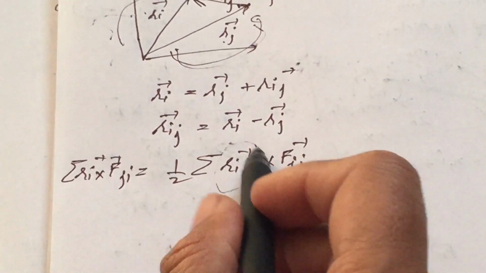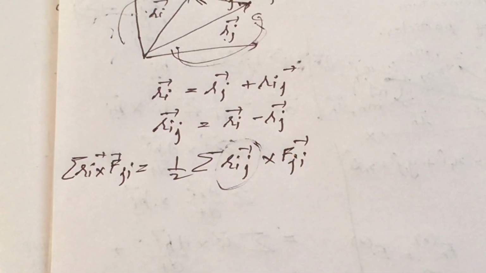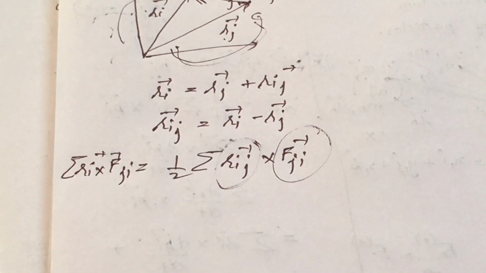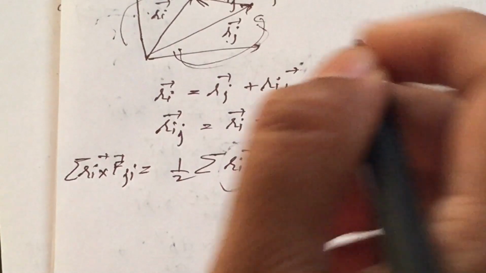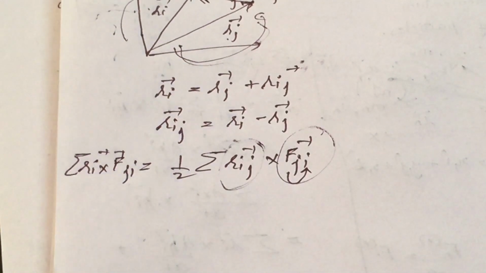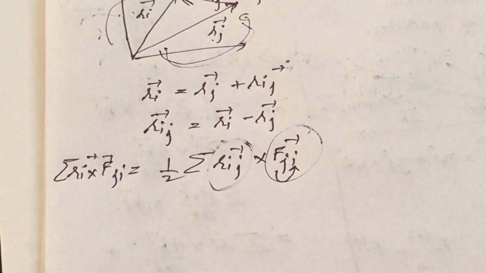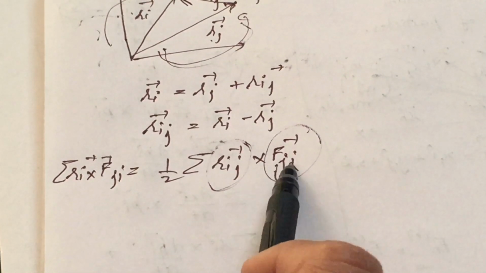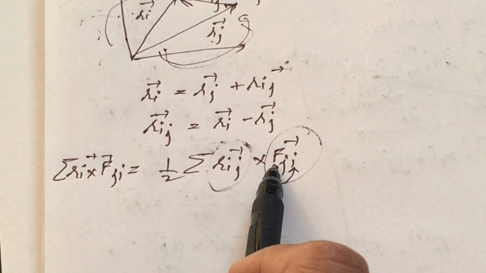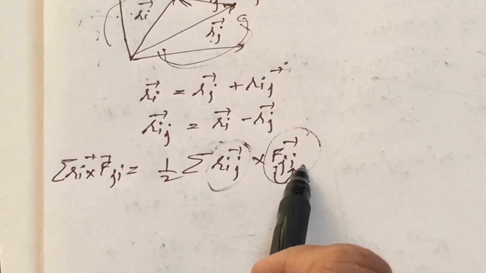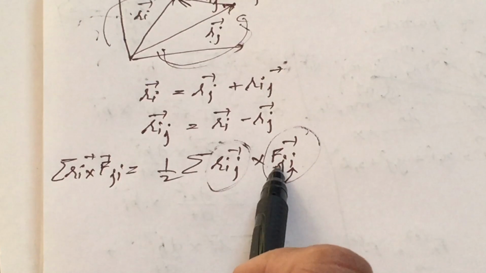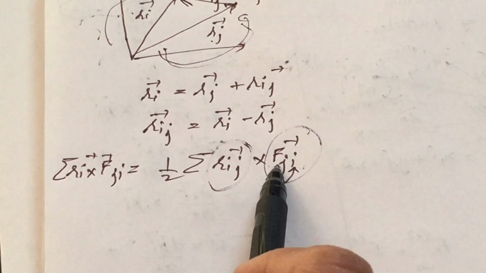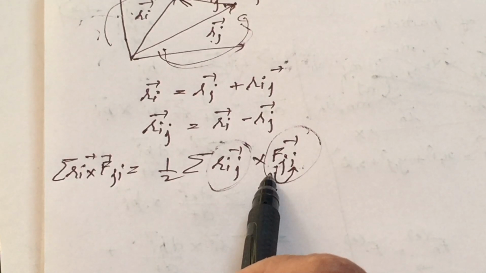This vector represents the displacement vector between j and i. This vector represents the force of the jth particle on the ith particle. Every book has different notations. Sometimes in one book fji represents the force on the ith particle due to the jth particle, but in some books this notation represents the force on the jth particle due to the ith particle.